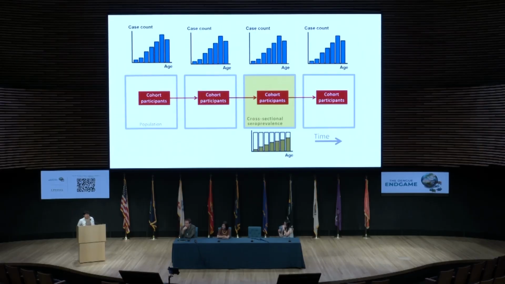But a data stream which has been proposed already for 2 decades, and I think is still underappreciated, is using case data to inform infection risk. So we know that these cases that show up, and of course in different contexts you can question whether they're truly dengue or not, and there are ways to address that, but they are infections.